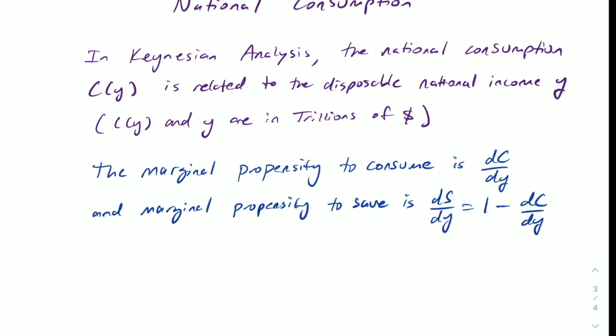It's 1 minus dC/dY. Equivalently, dC/dY is 1 minus dS/dY. So the marginal propensity to save is 1 minus the marginal propensity to consume, and vice versa.